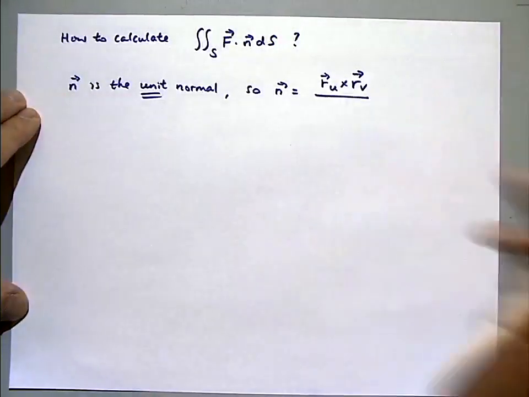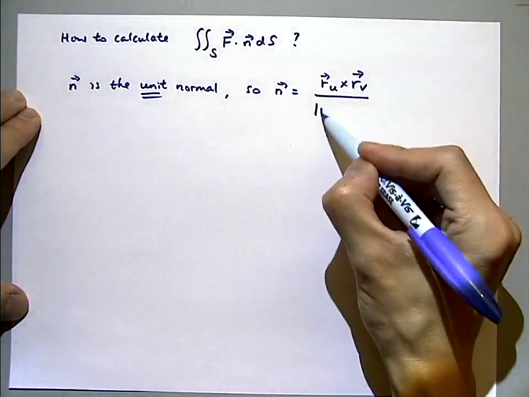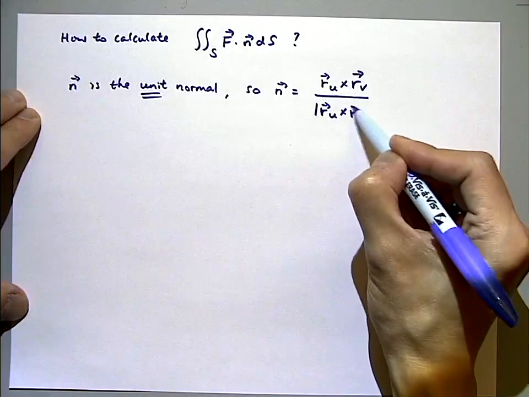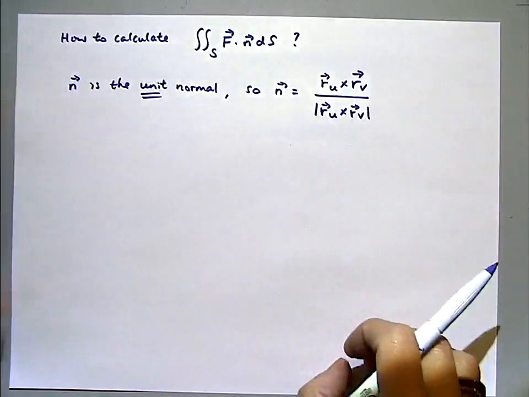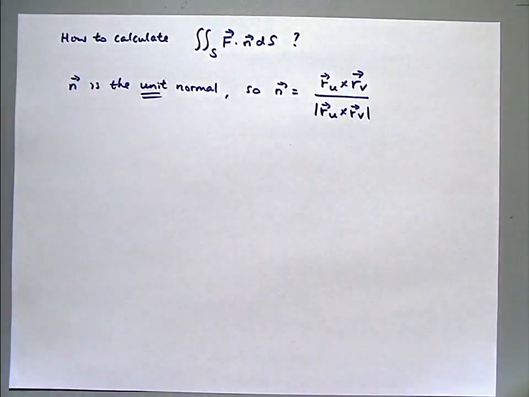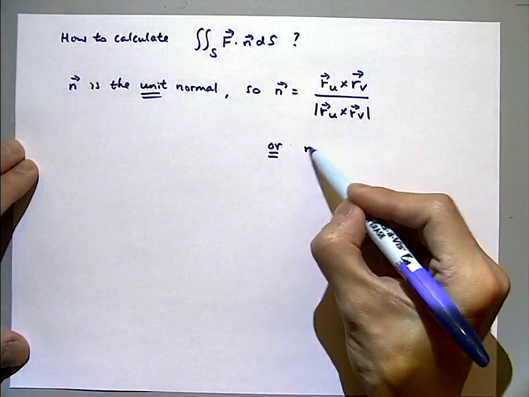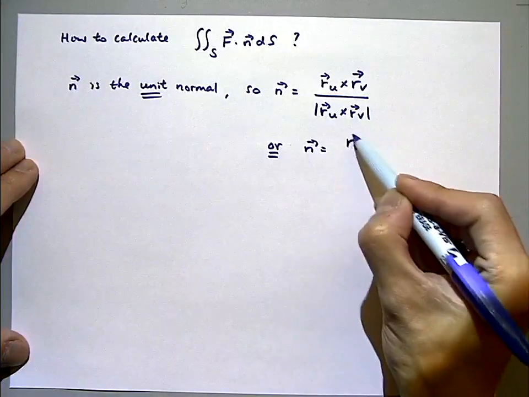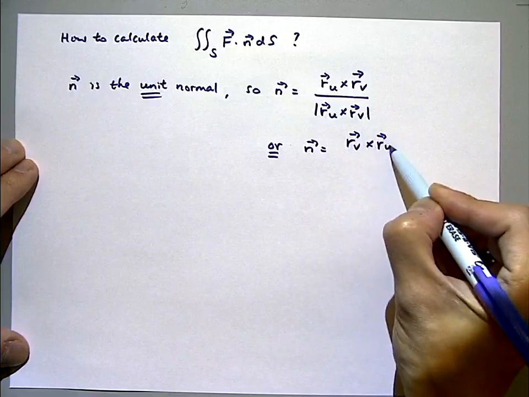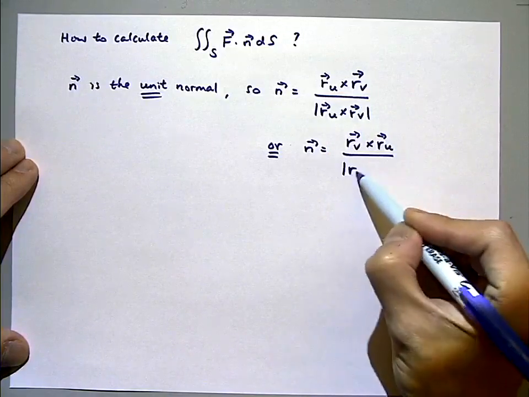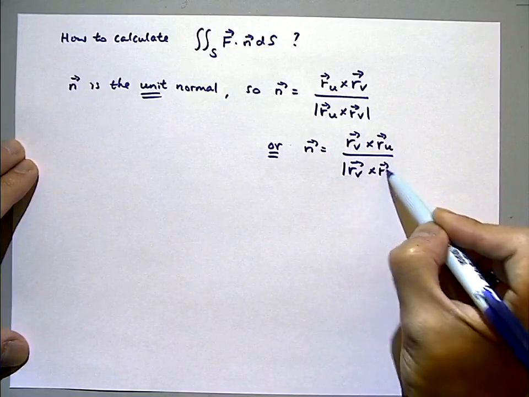And to make it a unit vector, you divide it by the magnitude, right? Or Rv cross Ru divided by its magnitude.